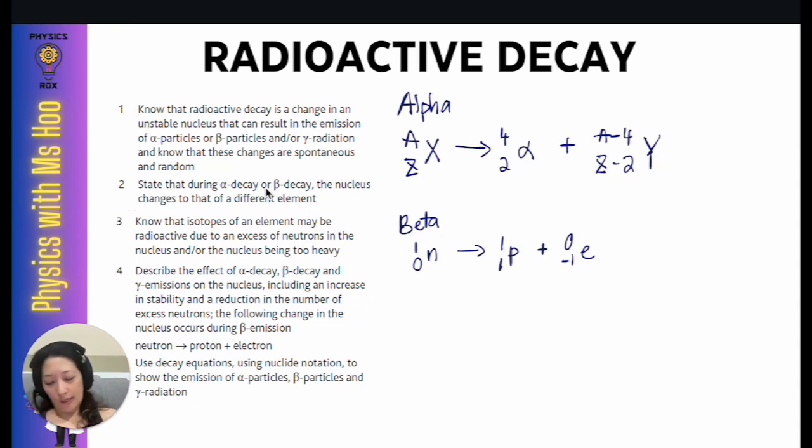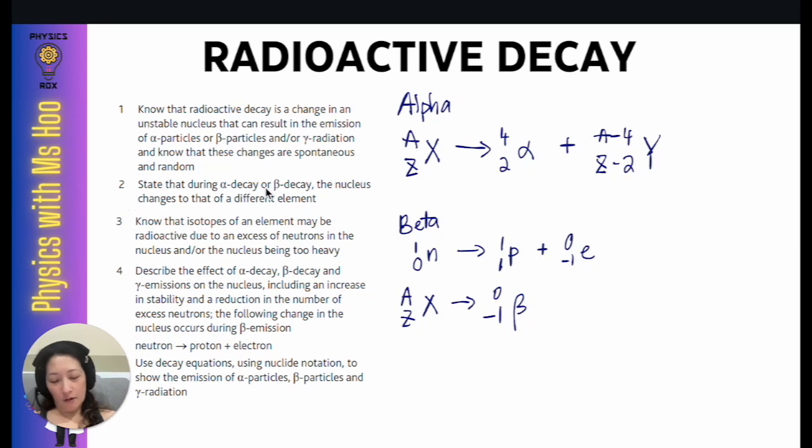So if we were to write the general decay equation for beta, if AZX were to represent the beta source, this beta source would have thrown out one beta. So we're going to write it this way to show that it's a beta particle and not a random electron.